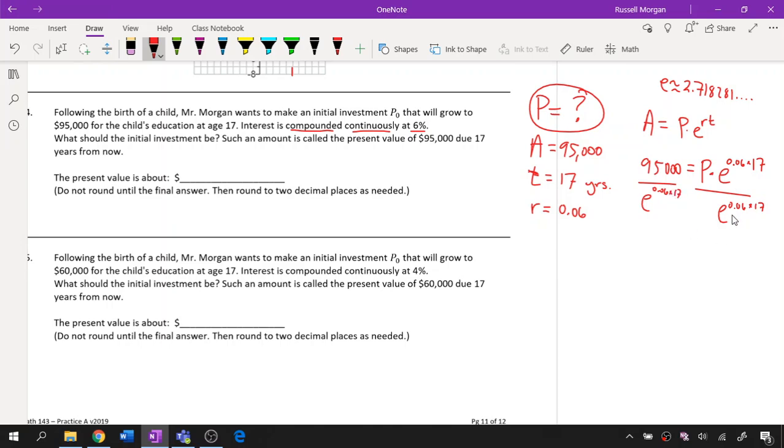Sorry, that's really small. It's hard to see. I'm going to cancel those out, and then P equals 95,000 divided by e to the 0.06 times 17. Now I just need to crunch this and figure out approximately what it is. I bet it's going to be a crazy decimal, so I'm going to put approximately.